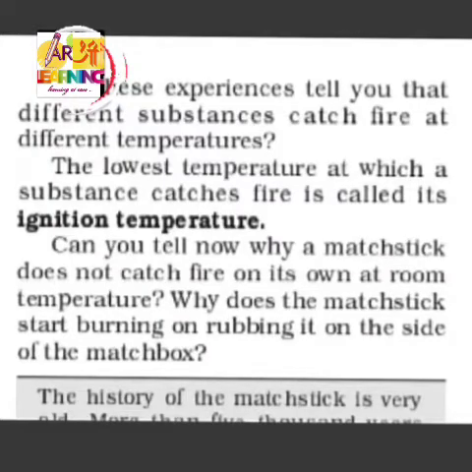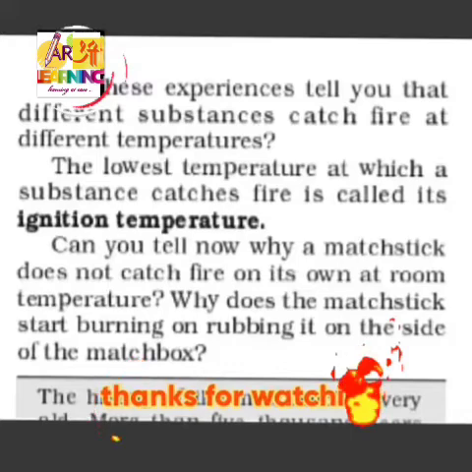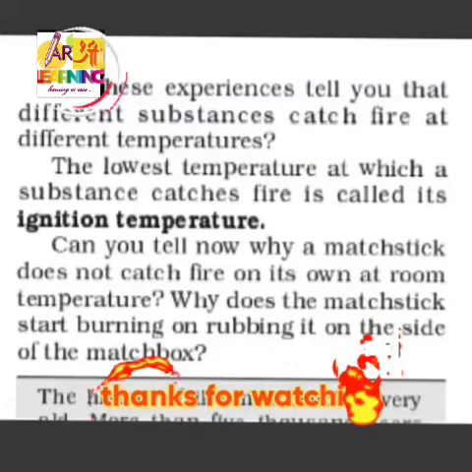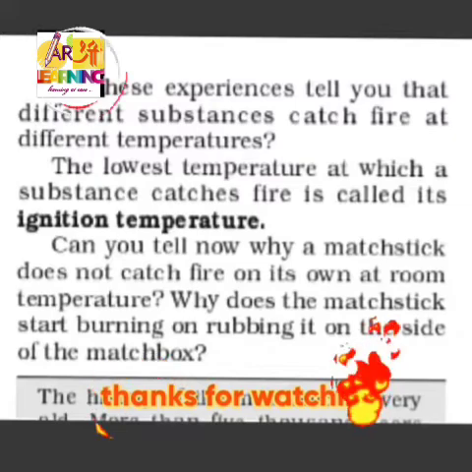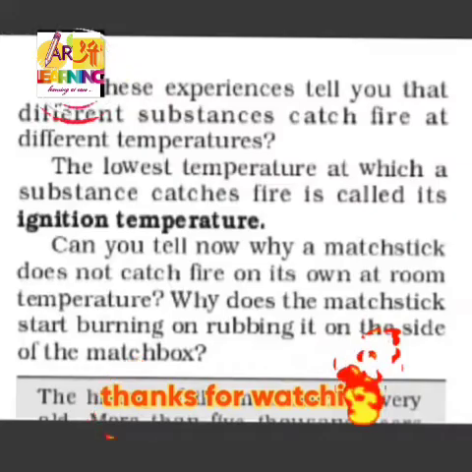If it does not reach the ignition temperature, it will not catch fire. A small piece of wood will catch fire easily because it reaches its ignition temperature quickly. A thick piece of wood will take more time, so you will have to heat it more, and after some time it will catch fire. So these are related to ignition.